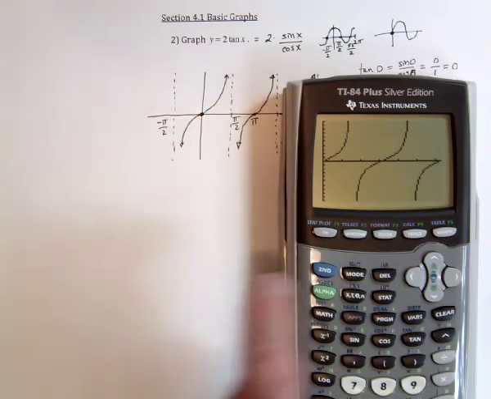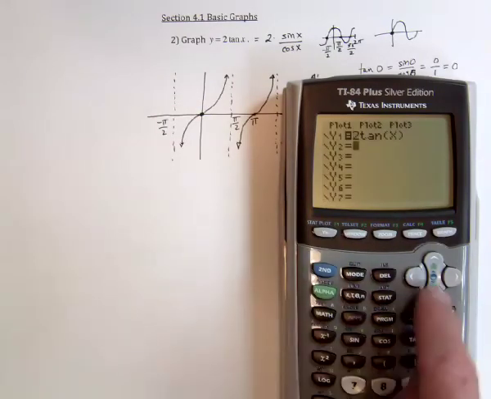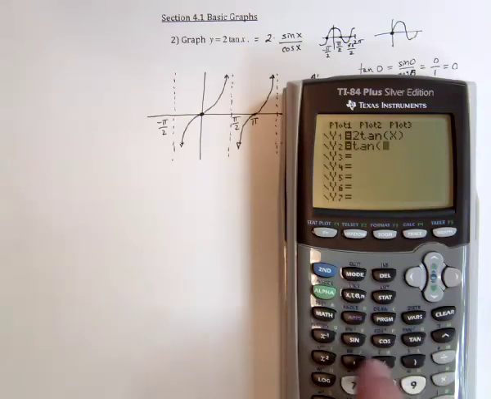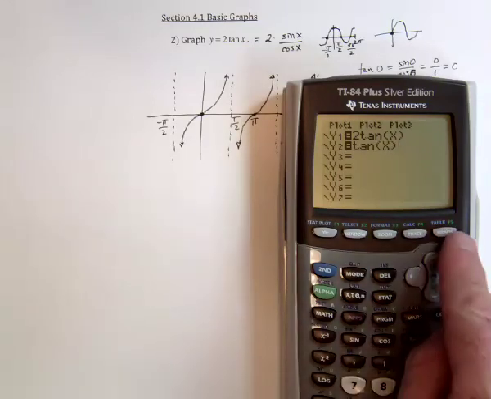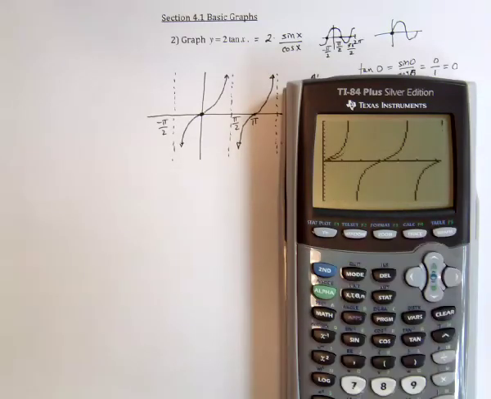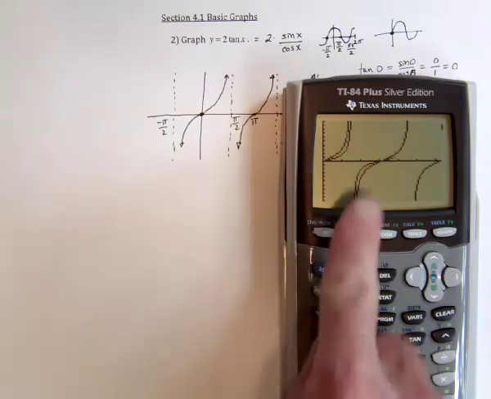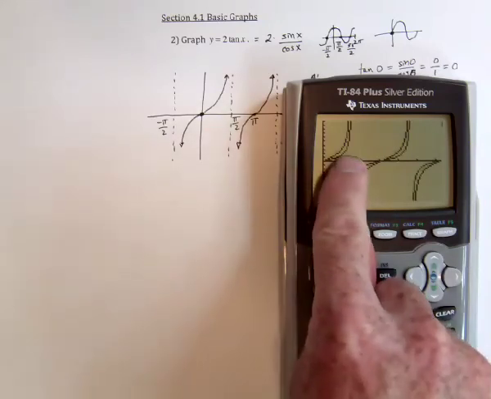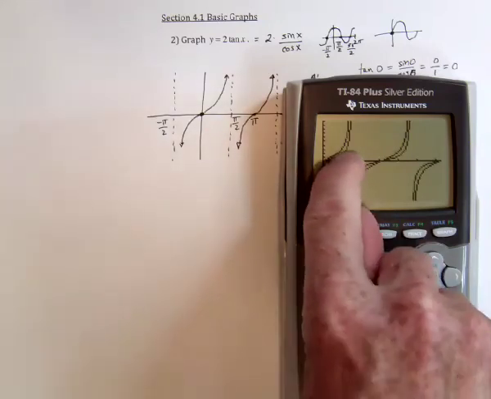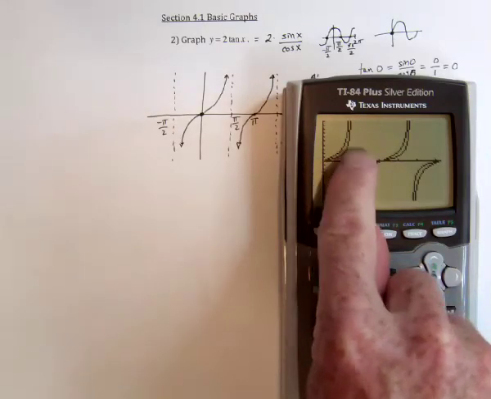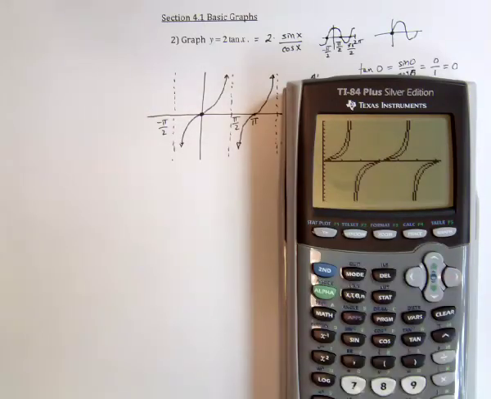And then what's the difference between that and if it was just tangent? In other words, what's the 2 doing to it? So compare these two. The original one is still there. And so right here is where I was saying that the one on top is going up faster.